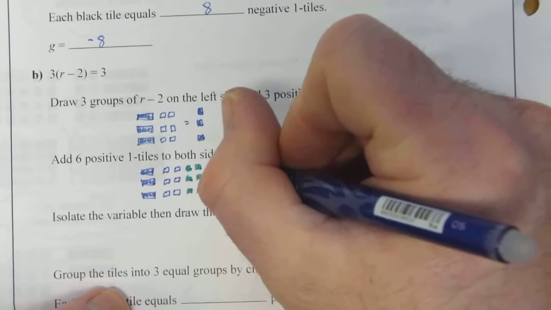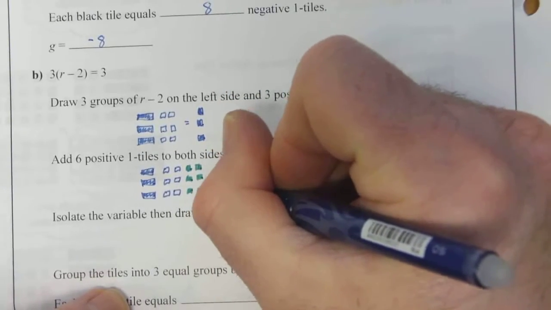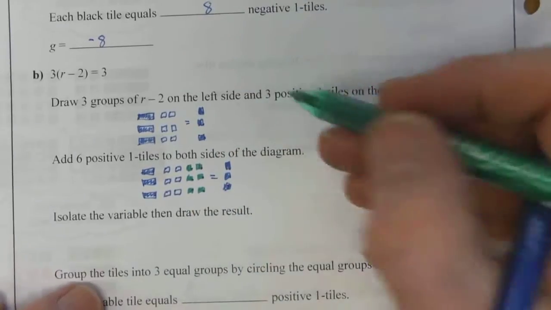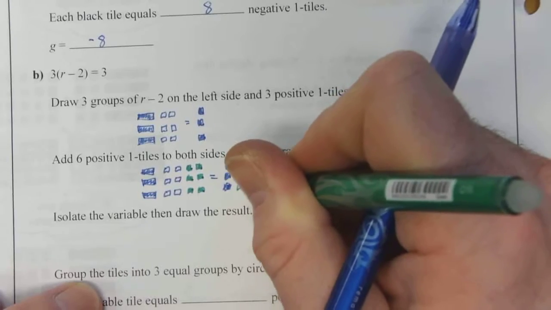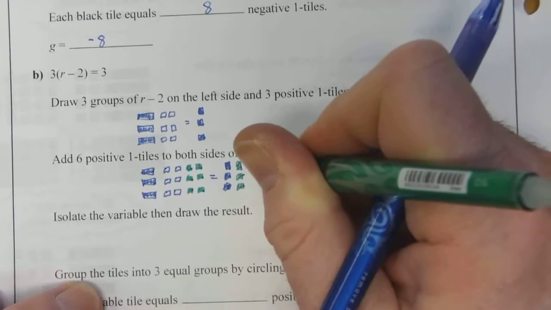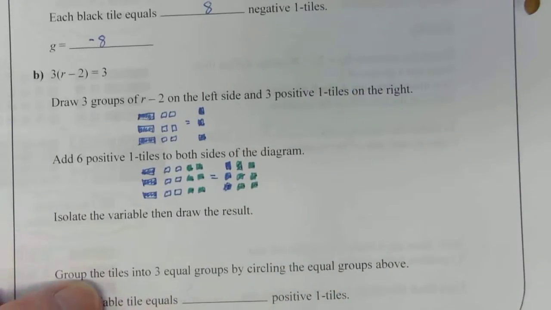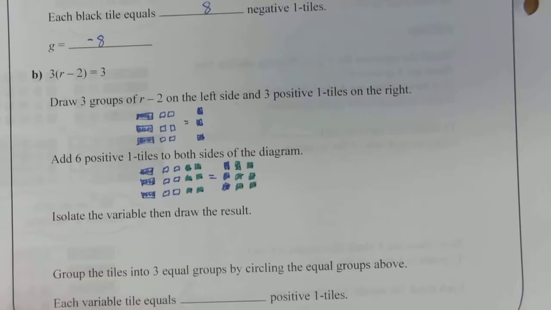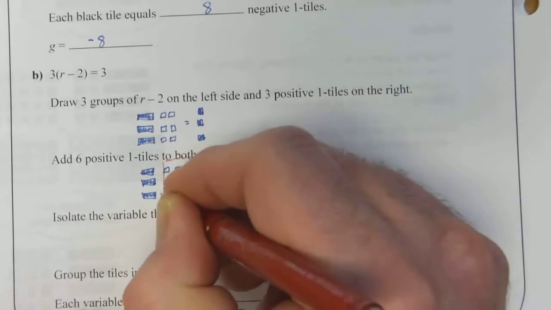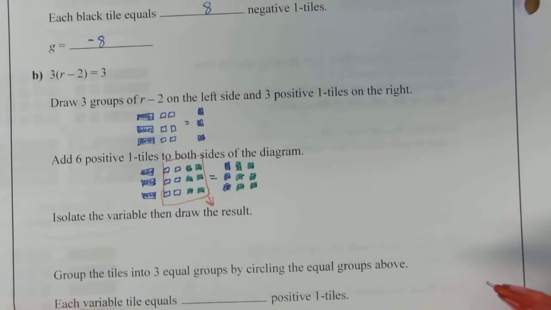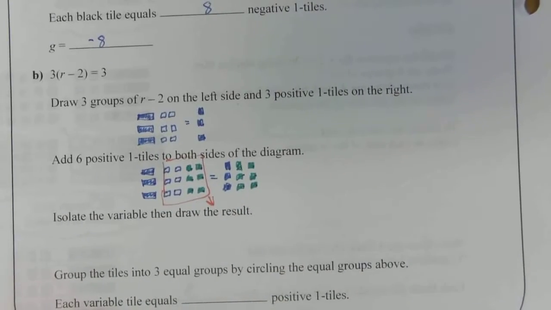And then if we add them on the left, then we need to add them on the right as well. And now we need to look for our zero pairs. I've got 6 negatives and 6 positives, so those will all get removed. And then over here I've just got positives, so I'm not removing anything on that side.